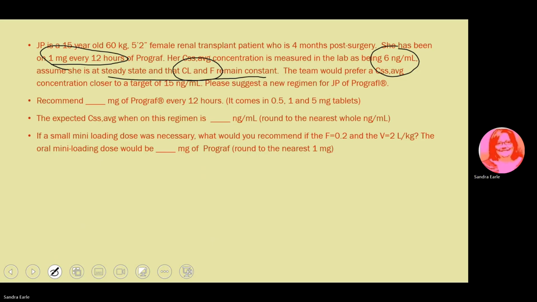We want to be closer to 15. So this patient is underdosed, right? So we're giving 2 milligrams a day and getting 6 nanograms per ml.